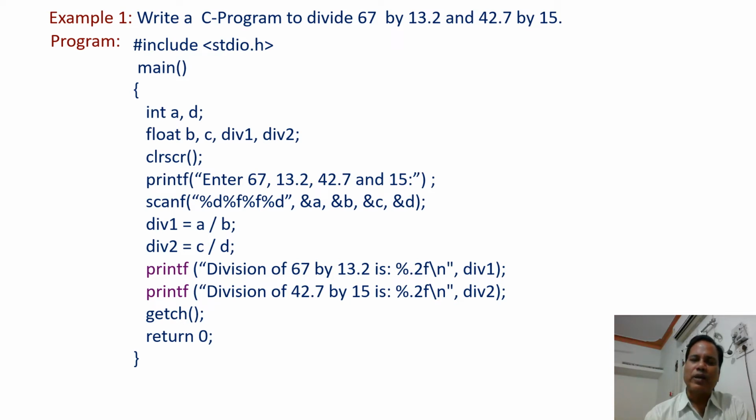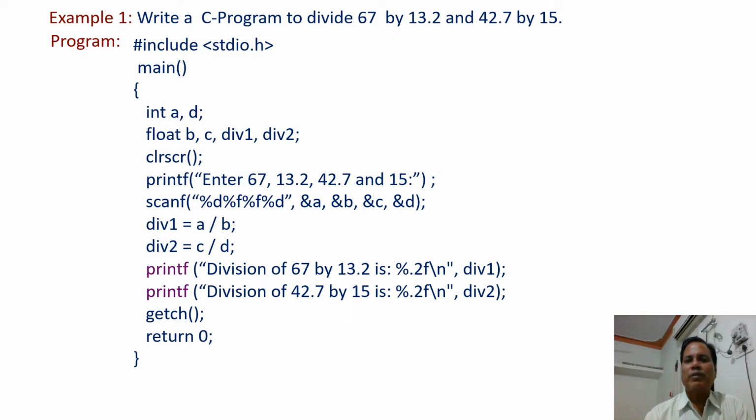But only 2 digits after the decimal point are printed, because point 2 is mentioned in the format string. In a similar way, the second printf statement prints the result of the second division, when 42.7 is divided by 15, with 2 digits after the decimal point.